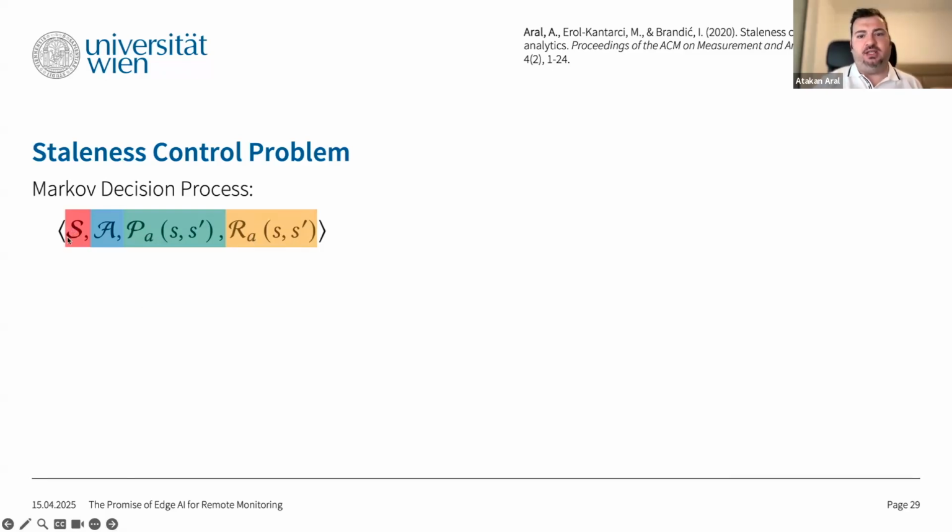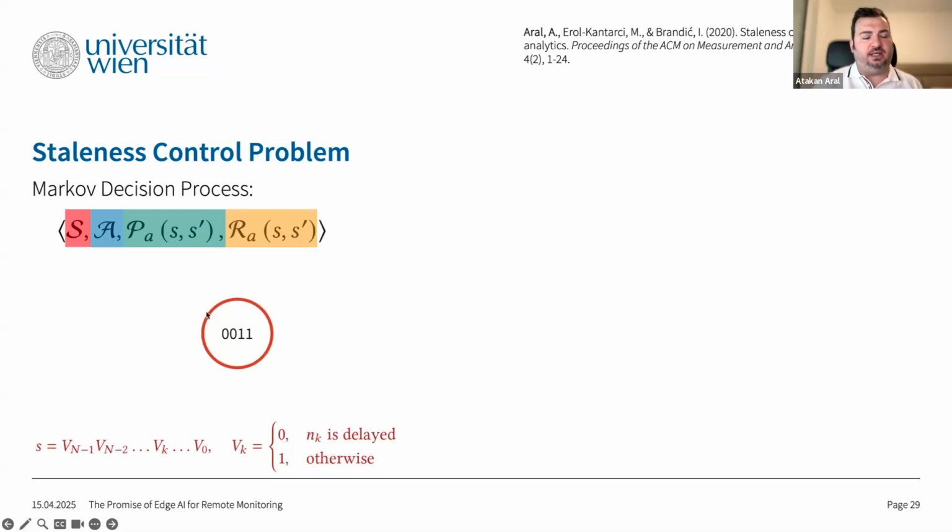The states in our case are binary strings representing whether the updates have arrived from sensors or not. I'm continuing the same example before, although it's a toy example with only 4 edge nodes. We have 0, 0, 1, 1, which means 2 updates have not arrived, but 2 updates have arrived.